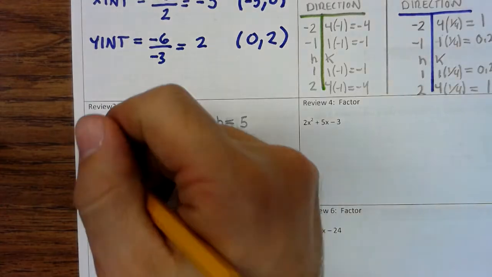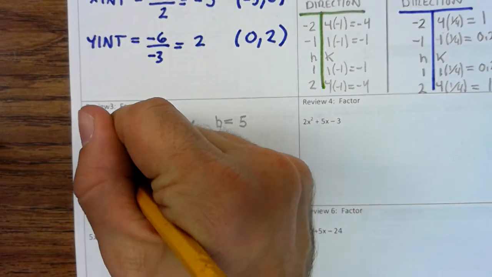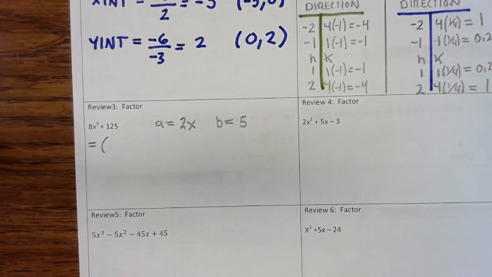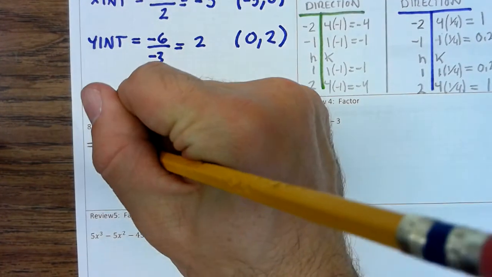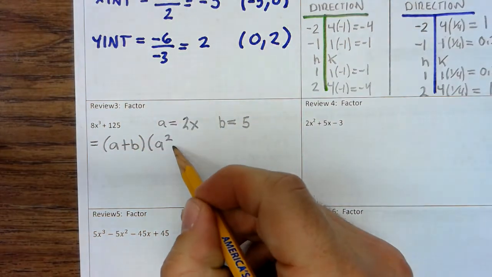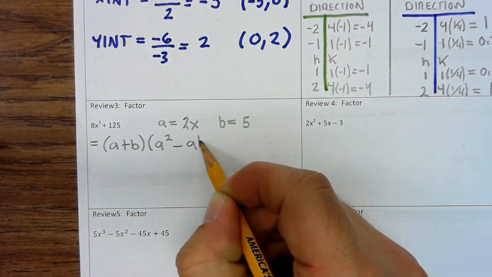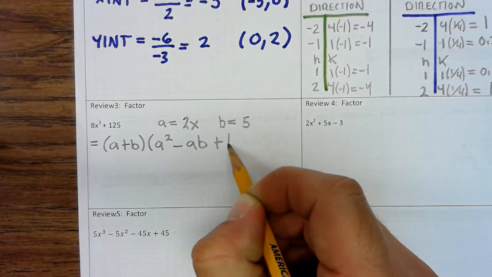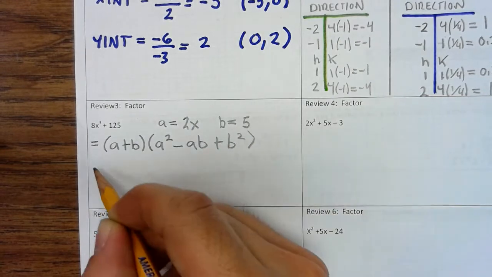Okay. Now this is in your notes, but I'm just going to write it down for you. We know that when it's the sum of cubes, the form we use is A plus B times A squared minus AB plus B squared.